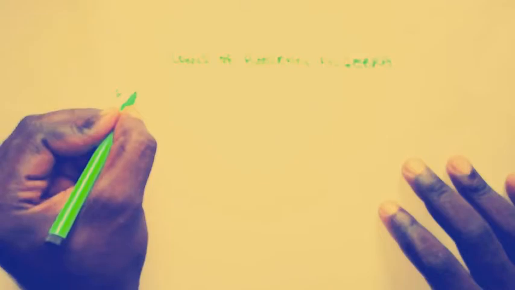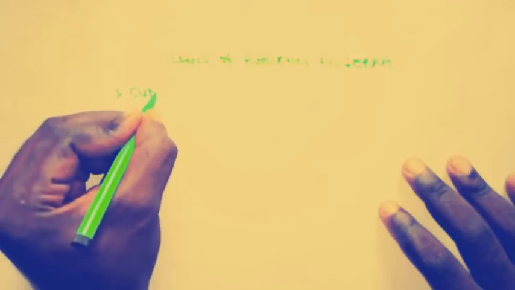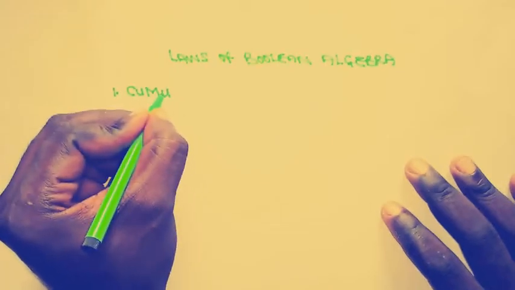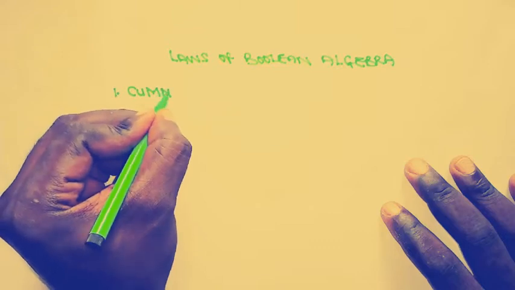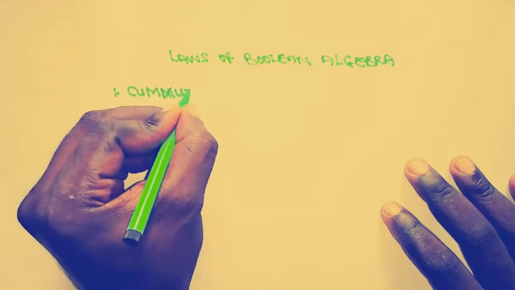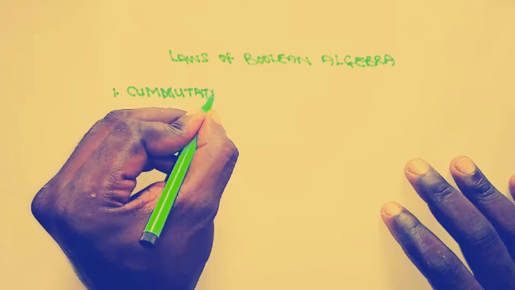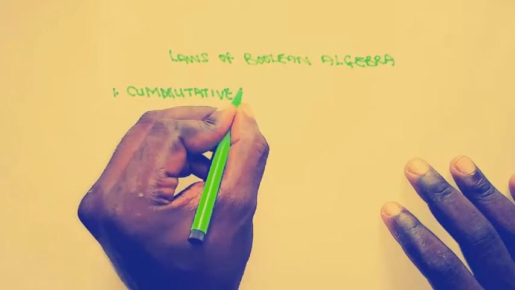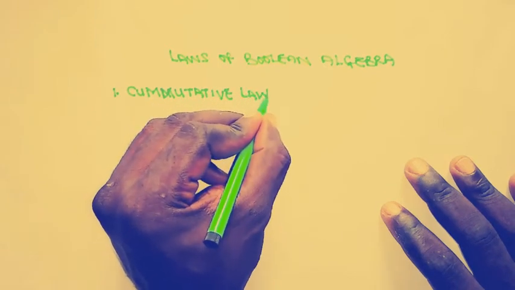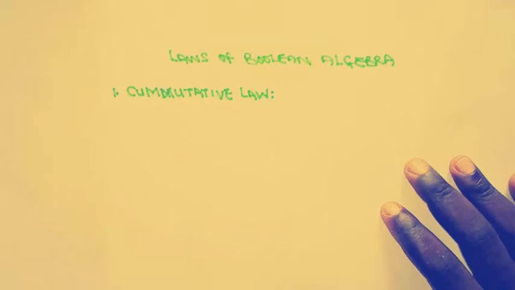The number one of such laws is what we call the commutative law. And what does the commutative law say?